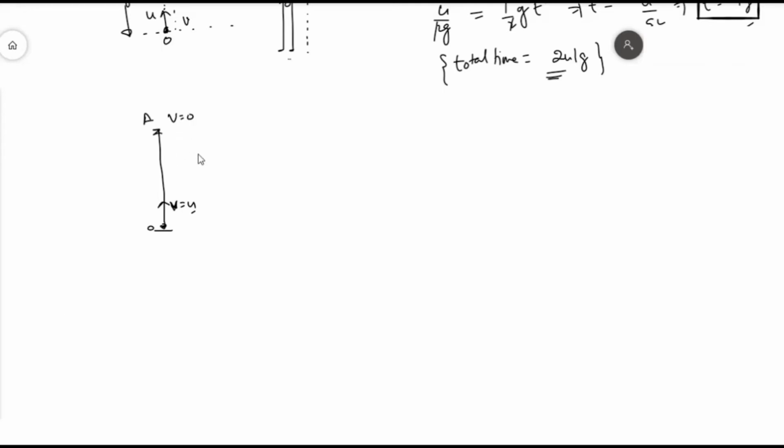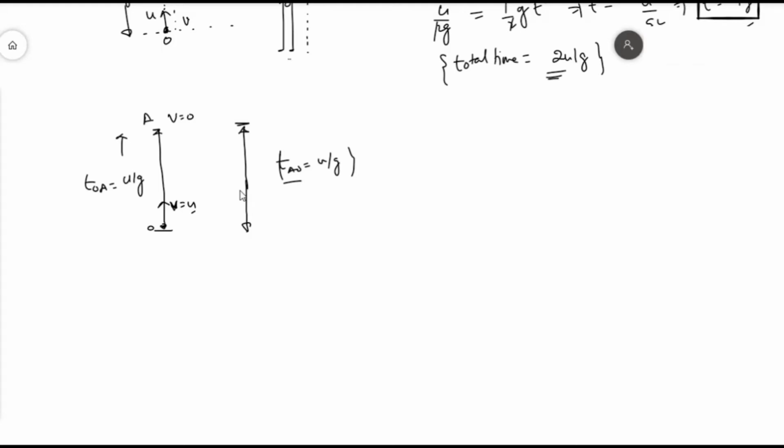And I know from the previous derivation that the time going from O to A is u by g, and also the time it is going to take to come back from A to O is also u by g. So now think about how you can use this information to find the velocity of the body at this point.